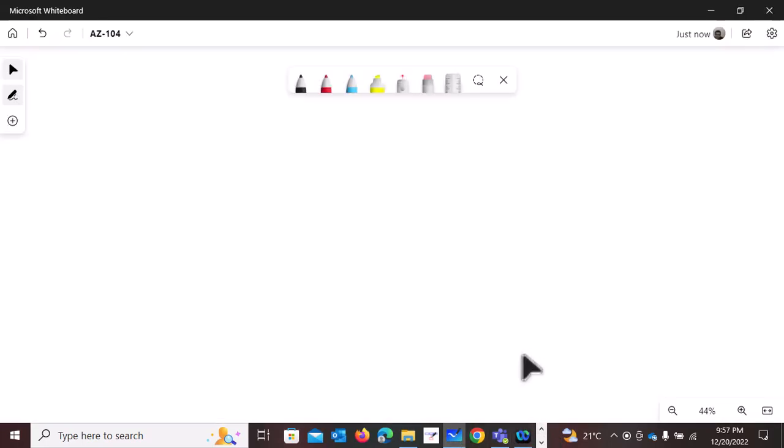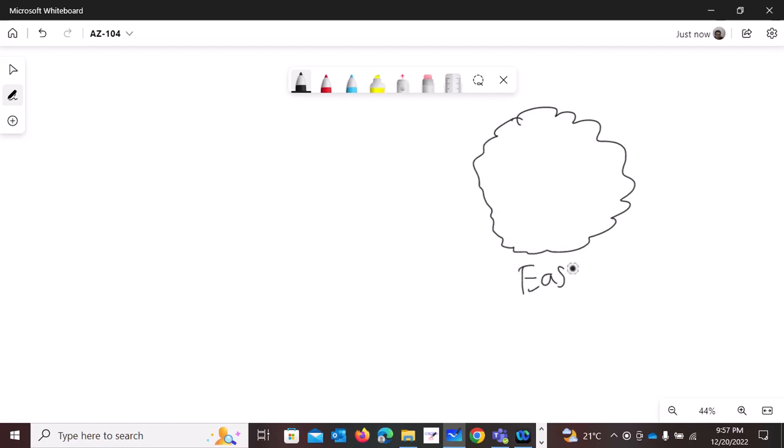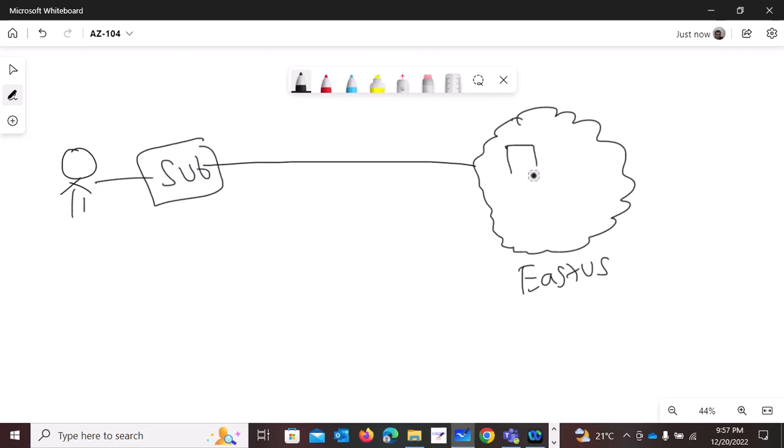What Microsoft did, for every continent, they gave a region, called a location, say East US. So East US is my region. If I have a subscription, I can deploy a VM into East US.